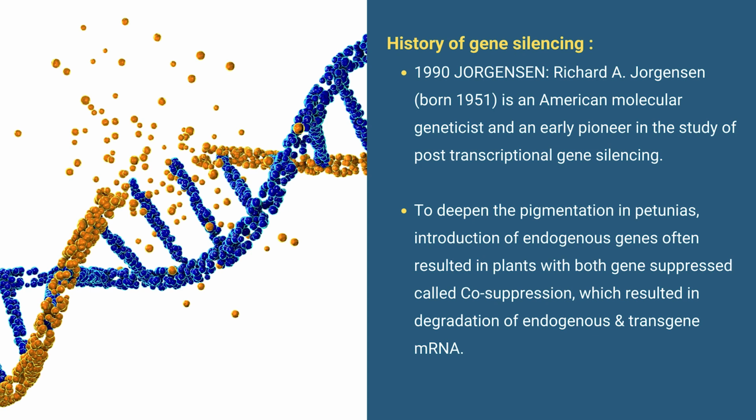Petunias are a very beautiful class of flowers which are purple in color. Introduction of an endogenous gene often resulted in plants with both genes suppressed, the foreign gene as well as the gene which is already present, and the phenomenon is known as co-suppression.